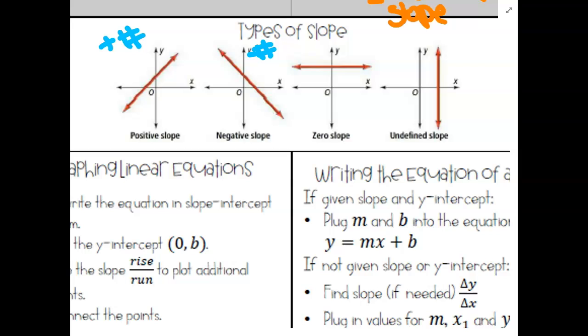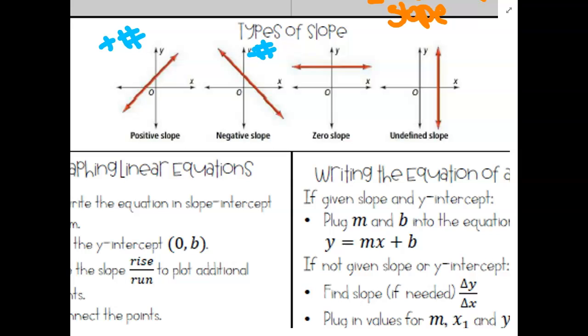So I have ways of remembering this for you guys. First of all, if I asked you to draw me a line that has a zero slope, and you're like, I can't remember if that's the horizontal one or the vertical one, what you need to think about is the Z. The Z has zero slopes on it.